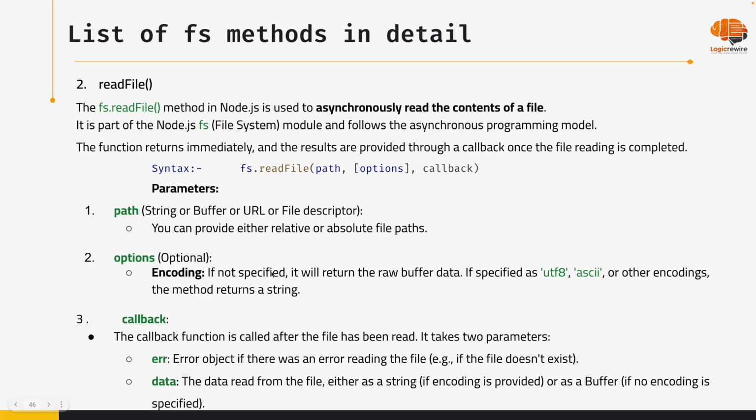But if you are accessing the file successfully, then you will get it in the data part. All these things about callbacks, what a callback is, how it is referenced, how to create and execute it, we have already discussed in a class, right?